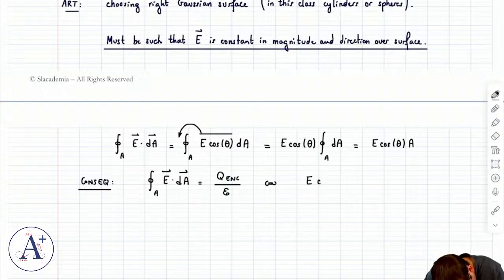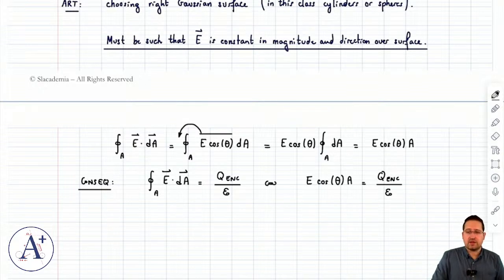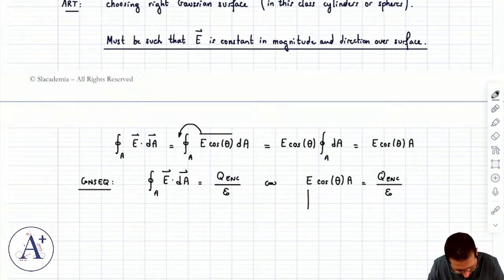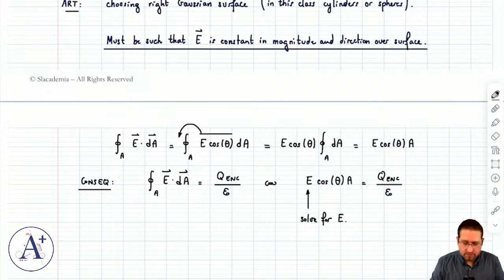But now you're telling me that flux is E cosine theta times the area, which is equal to Q enclosed over epsilon naught. So I don't actually care what the flux is equal to. I care that I can get my hands on E, and then I can solve for E. I just isolate E and I get the magnitude of the electric field created by this distribution.